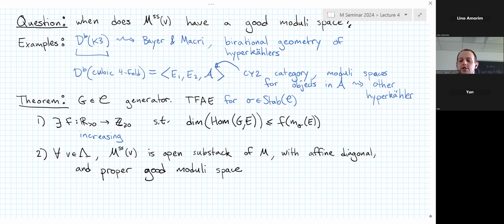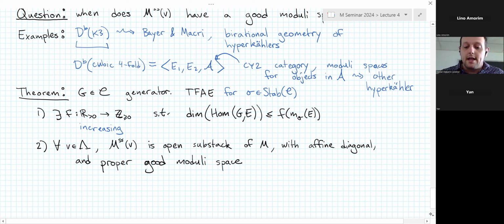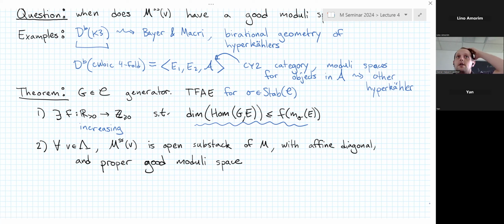So it's a very general thing, a general principle, that if you can cook up an upper bound on Homs, then you can automatically, for free, get the existence of moduli spaces for semistable objects. So the reason I mention these examples is that this is a sort of industry.